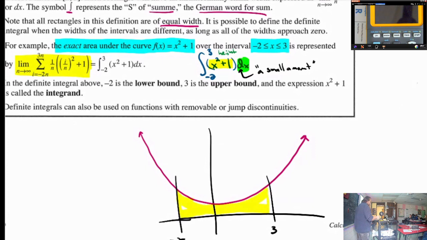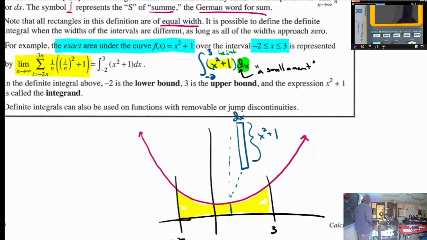What we're doing in this integral is chopping up that area into many, many small rectangles. If you were to zoom way in on one of these rectangles, it would look like this. Its height would be given by x squared plus 1. And its width is dx. A very, very small amount of x is what that means.